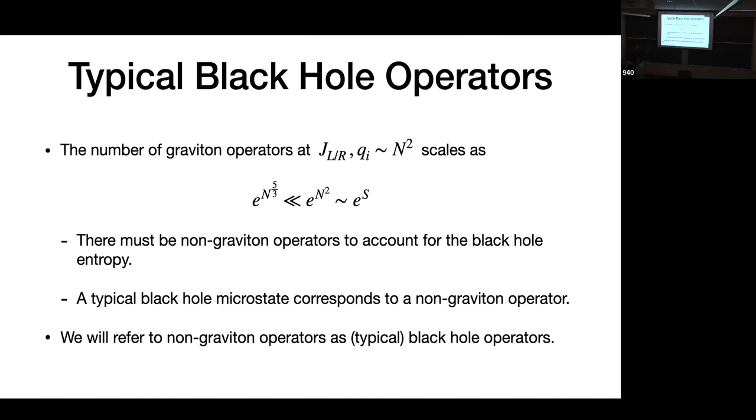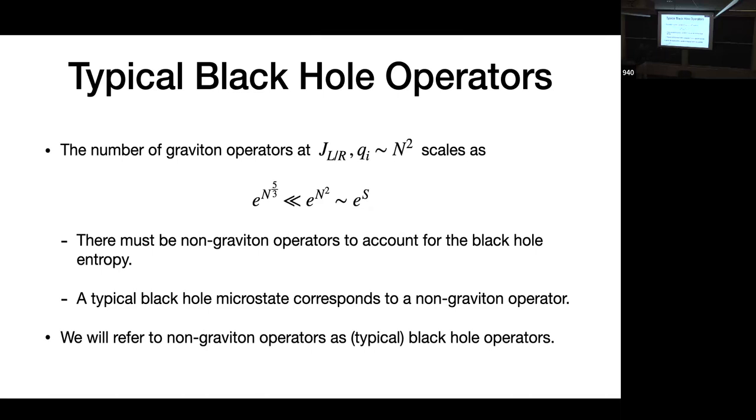And the second thing, it tells us that a typical black hole microstate corresponds to non-graviton operators. That is because e to the n squared is much larger than e to the n to the 5/3. So if I just randomly pick one black hole microstate, it should not correspond to graviton cohomology.